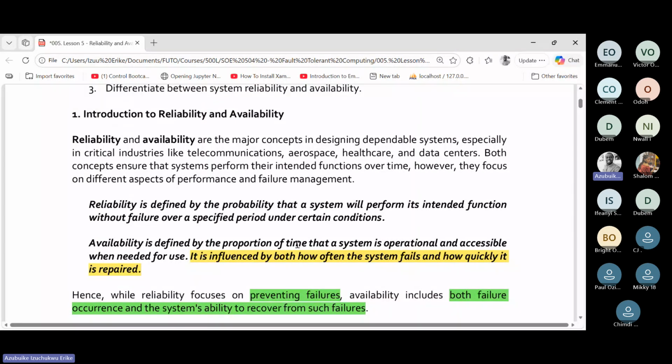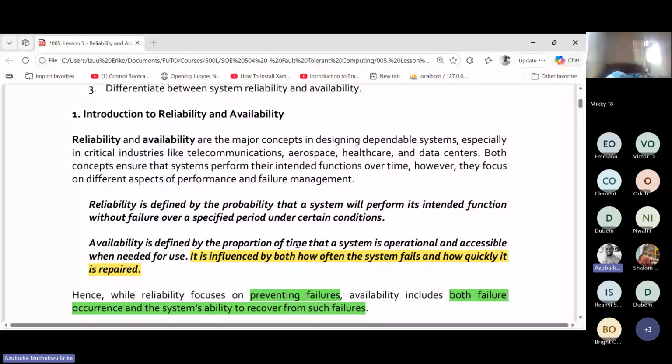Reliability is defined as the probability that a system will perform its intended function without failure over a specified period under certain conditions. So I want us to look at the keywords. Number one is the probability that a system will perform its intended function. It's possible that a system is up, but it's not performing what it is designed for.